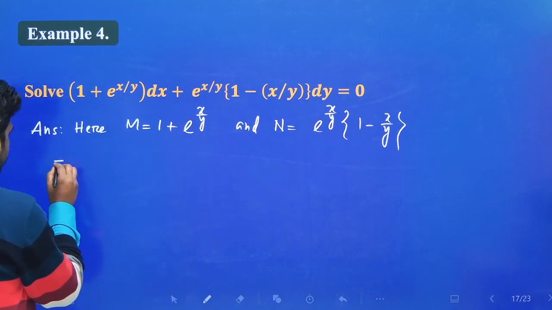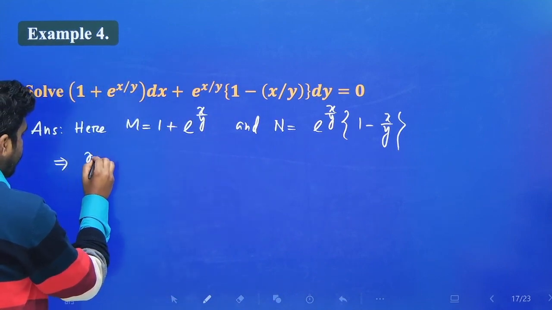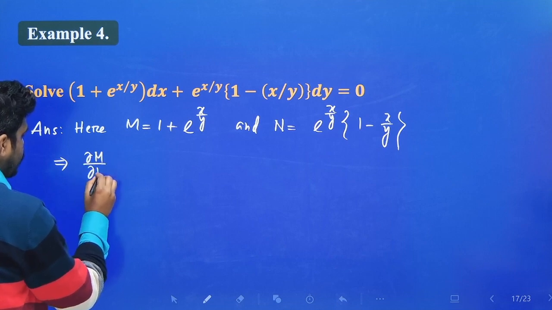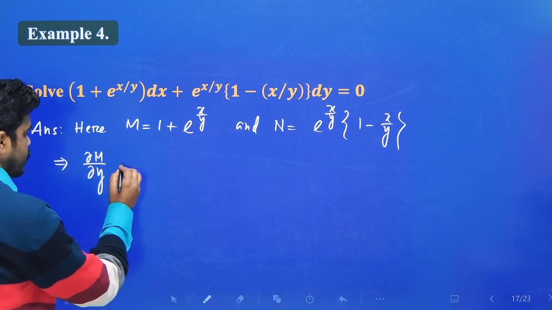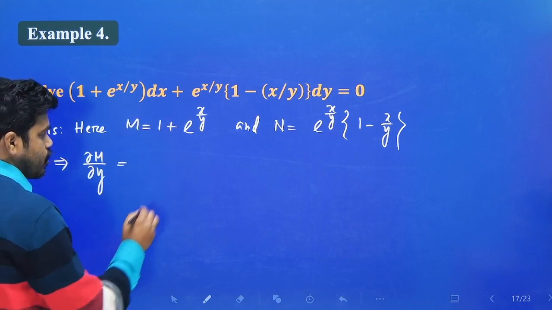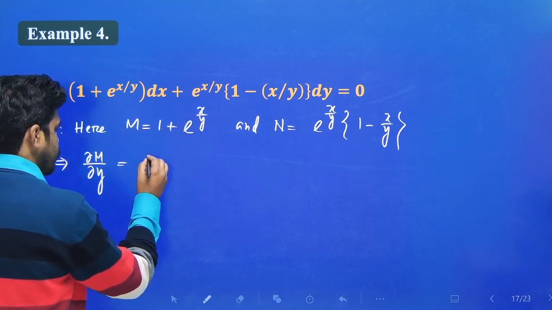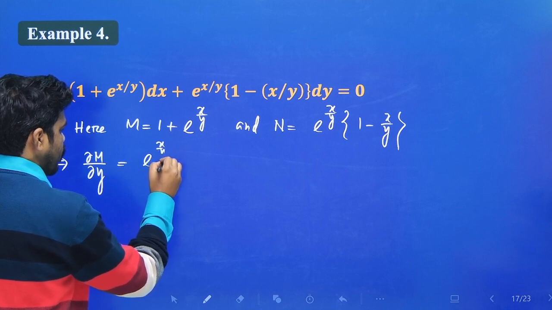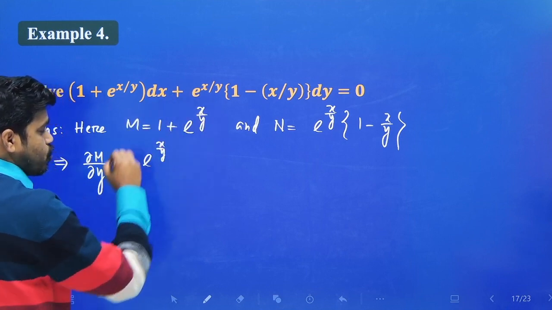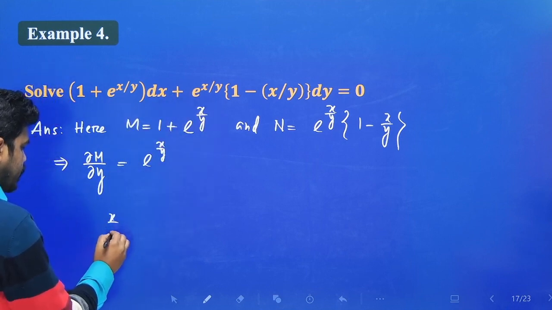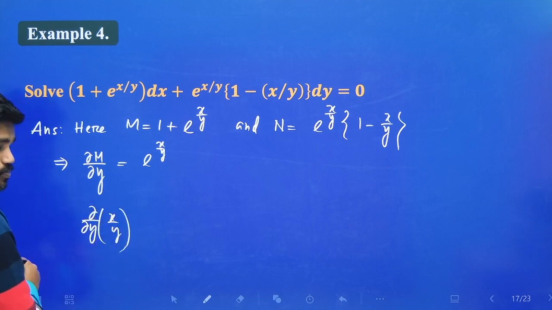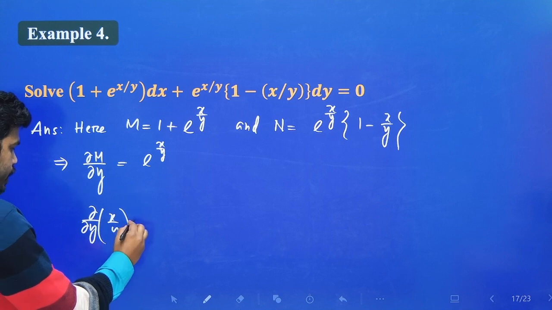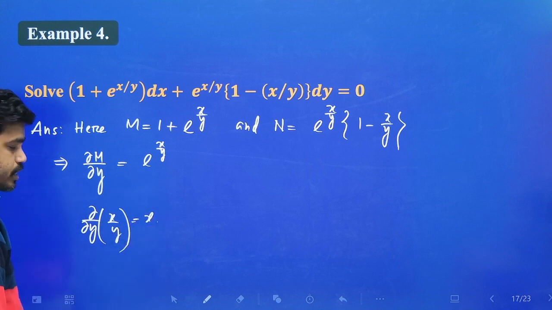So this implies del m del y, I will differentiate partially with respect to y when x is assumed to be constant, so the derivative of 1 is 0, so e to the power x by y. Now x by y has to be differentiated with respect to y. When you do it with respect to y, x is constant, right?